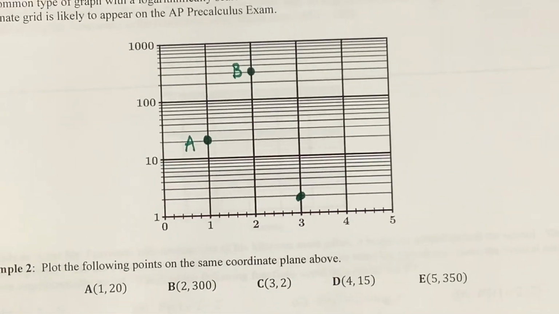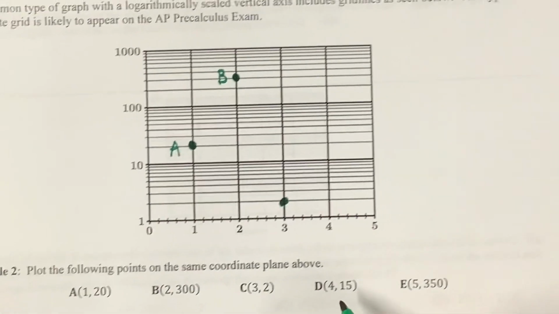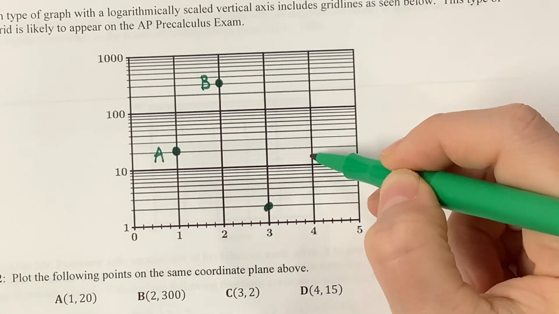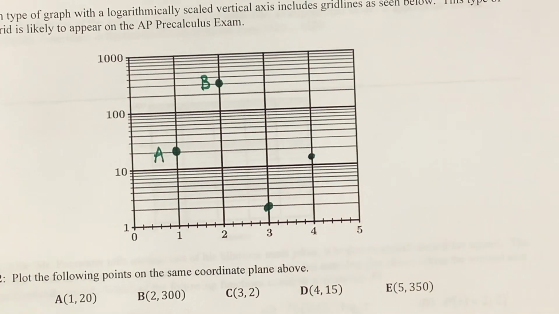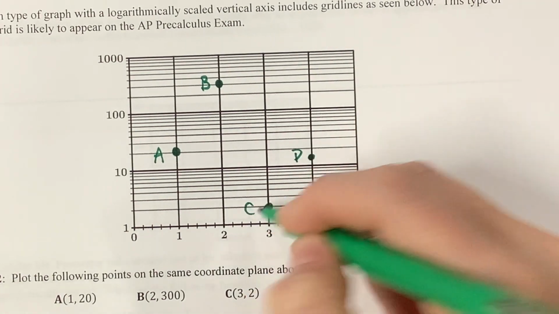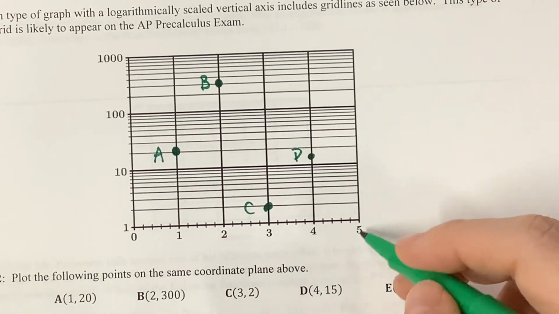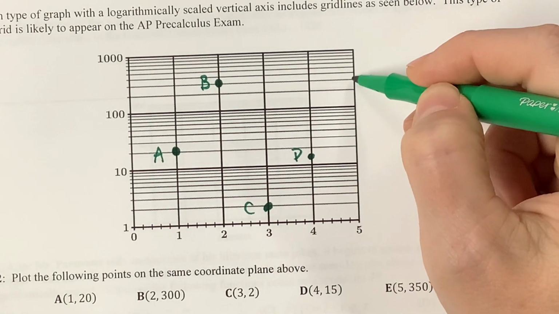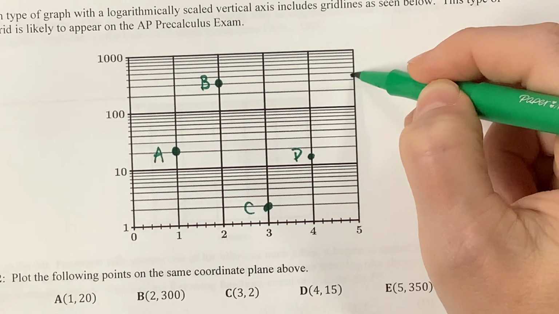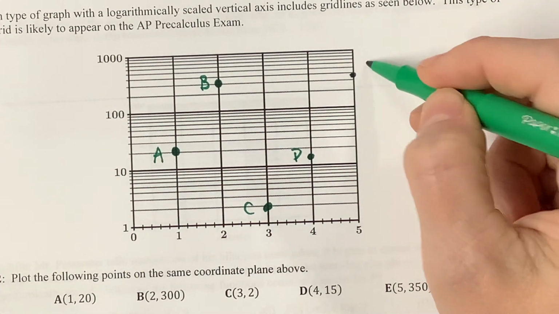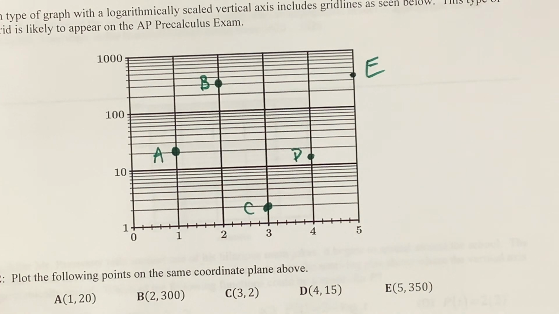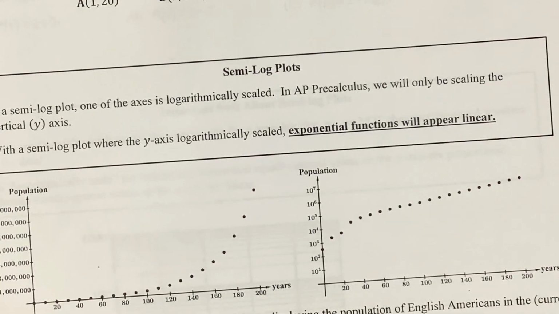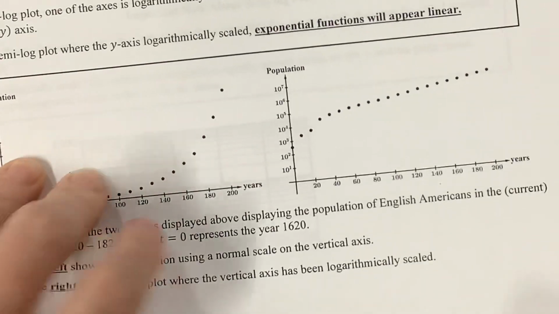Okay. Then the next one, they say (4, 15). So here's 10 and here's 20, so 15 is going to be halfway between those two. And then we have 5 was 350. So here's 100, 200, 300, and 350 is going to be halfway between 300 and 400. So that is E. So our graphs start appearing linear.